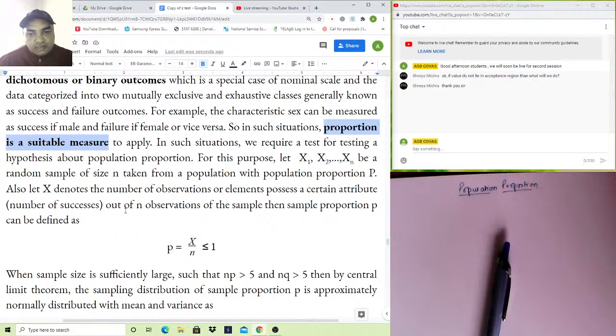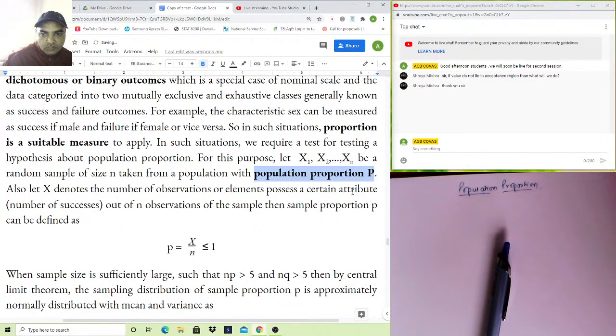For this purpose, let x1, x2, ..., xn be a random sample of size n taken from a population with population proportion P. Also let x denote the number of observations or elements possessing a certain attribute out of the n observations of the sample.